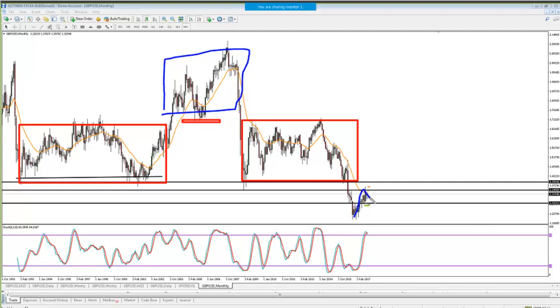Same sort of thing here. Stochastics step up on the monthly, push down, make a higher low, break it, figure itself out, and then it grinds its way back into the zone. And then we live in that zone for a while. And the same sort of thing appears.